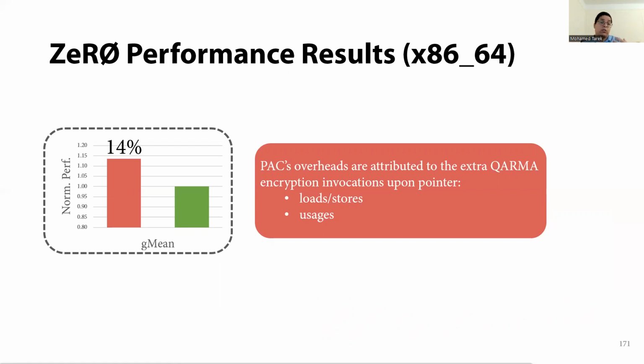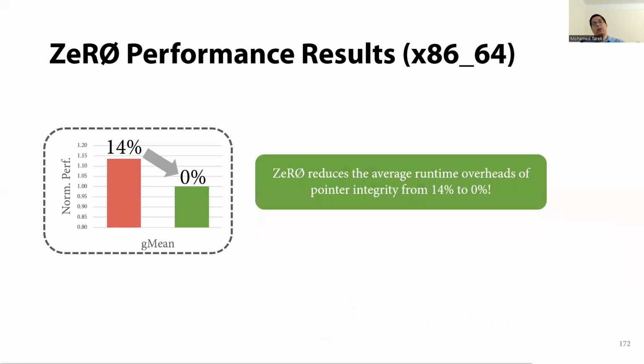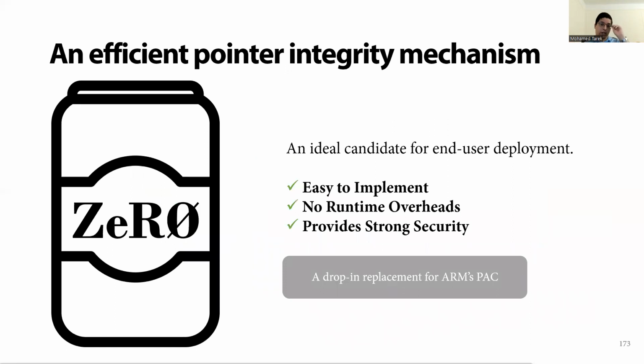So, as ZeRØ does not require any crypto operations, it reduces the average runtime overheads of pointer integrity from 14% in case of ARM PAC to 0%. So, in a nutshell, ZeRØ provides an efficient pointer integrity mechanism, which is easy to implement, has no runtime overheads, and provides strong security. Thus, it can serve as a drop-in replacement for ARM PAC with better guarantees and with zero overheads.